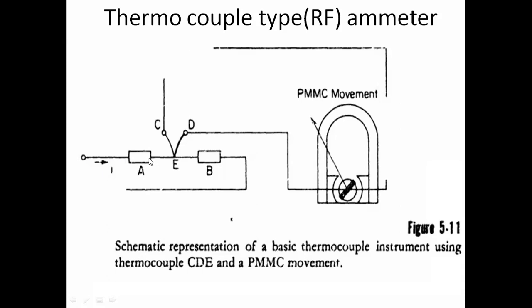When the current is flowing through this A and B circuit, we have to measure the current through this circuit. To measure it, when the current is flowing, this wire will get heated, depending upon the wire's nature.